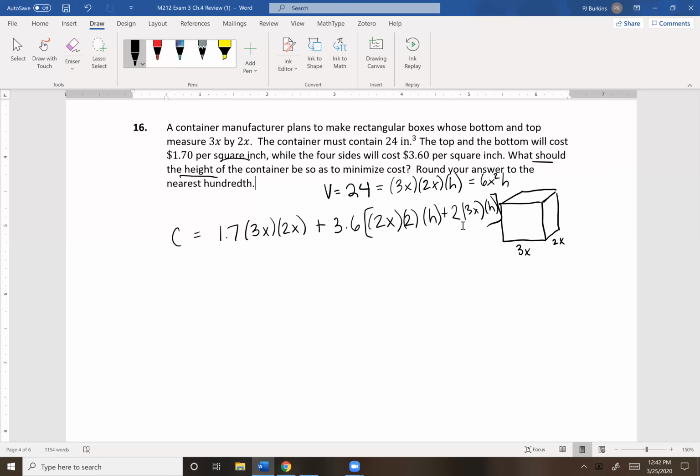Or we could start by solving for x. Now I do see if we do that here, that's going to be a little problematic. So right off the bat, we can simplify this and make this 4 equals x squared h. Now, if I try to solve that for x, I would get this. So I'm thinking we probably want to go ahead and solve for h instead.